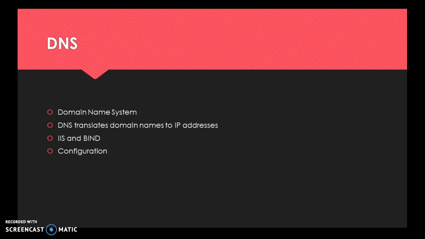We are using IIS and BIND in Microsoft and Linux Ubuntu, respectively. And obviously, you can configure DNS with both of those applications, software, to set it up in whichever way you'd like.